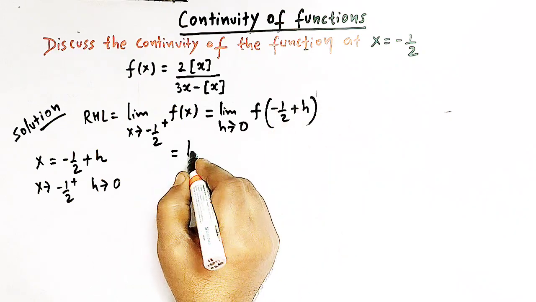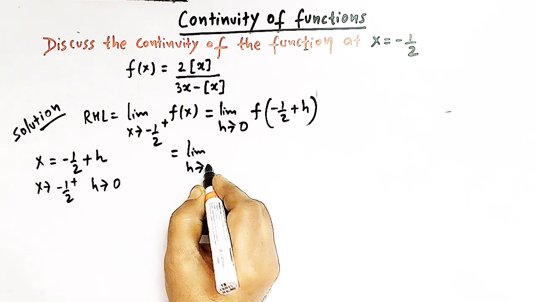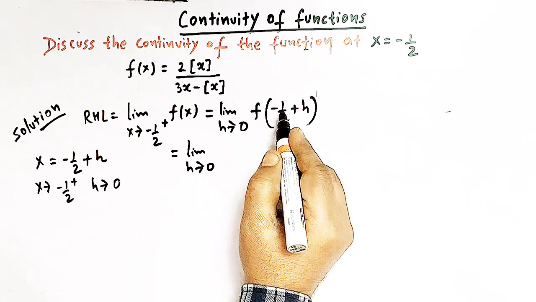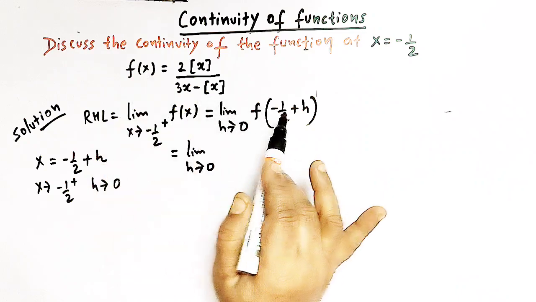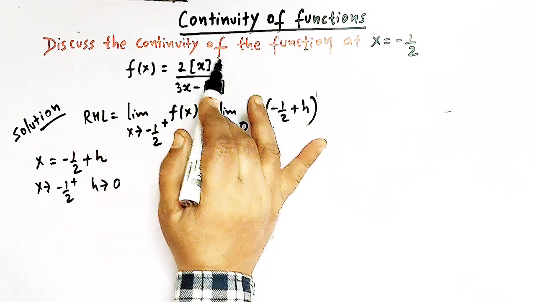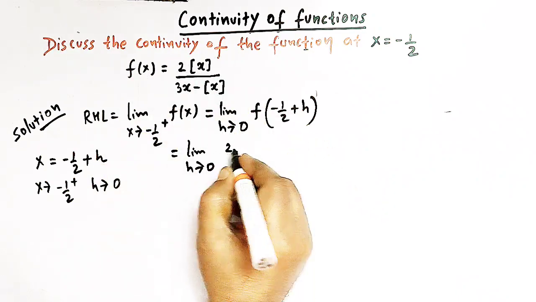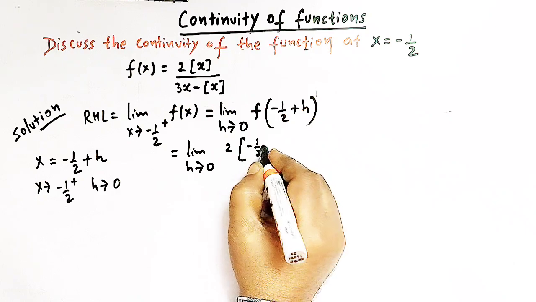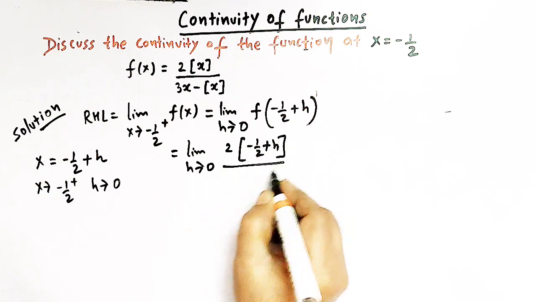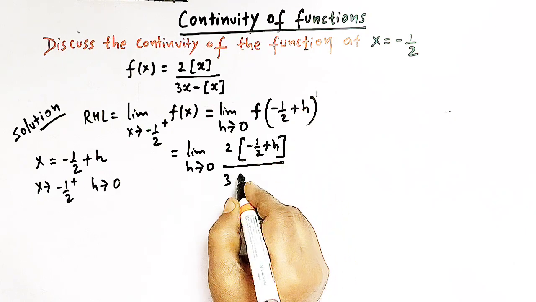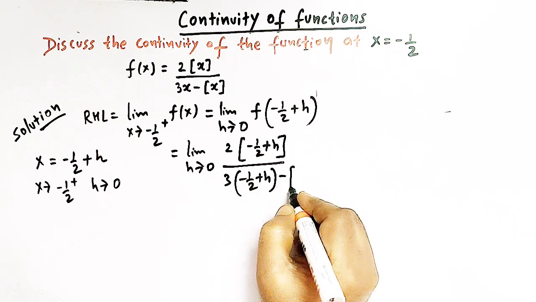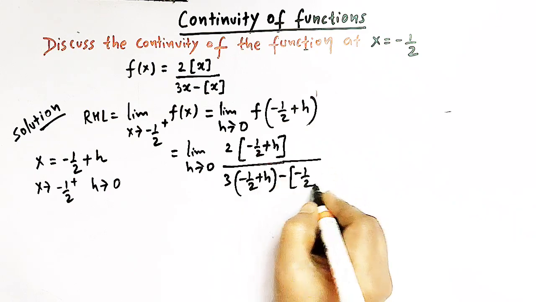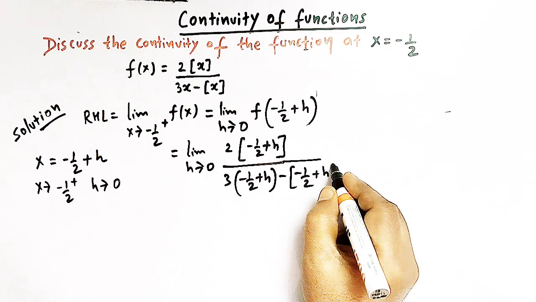Now let us write the value of f of minus half plus h by replacing x by minus half plus h in this function. So we have 2 times minus half plus h, divided by 3 times minus half plus h, minus greatest integer of minus half plus h.